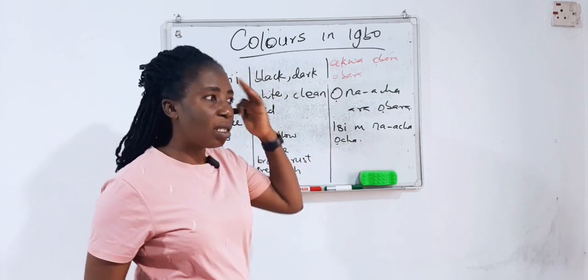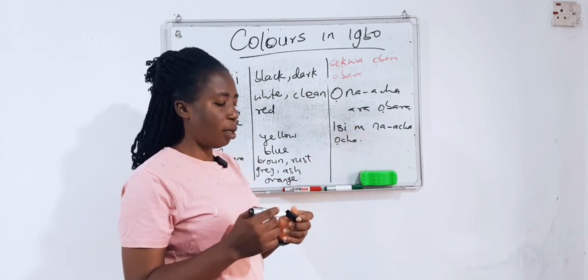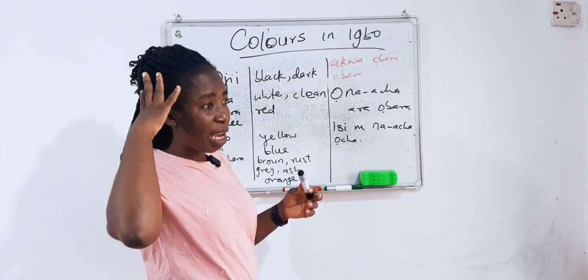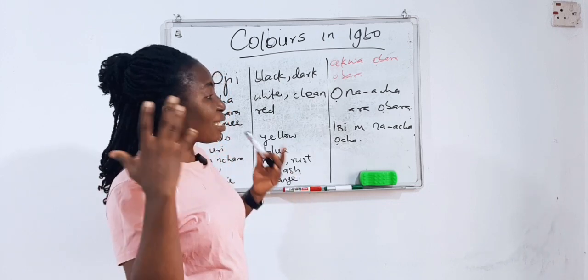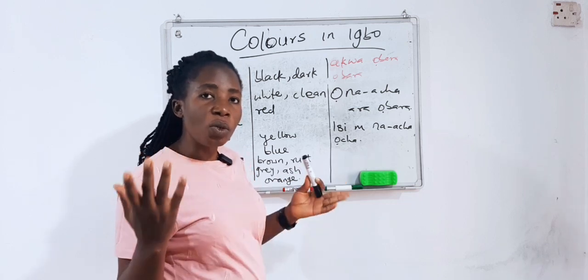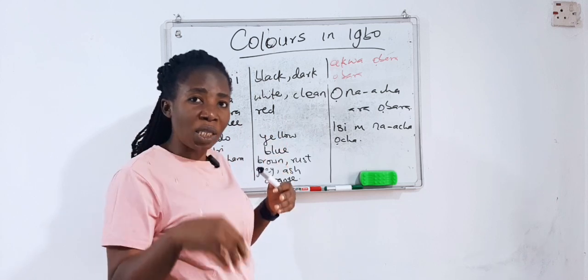My hair, isi, when you talk of isi, it's not head. My hair is white. Isi is head actually, but at times we interchange them. We use isi to mean hair or head, depending on the context.